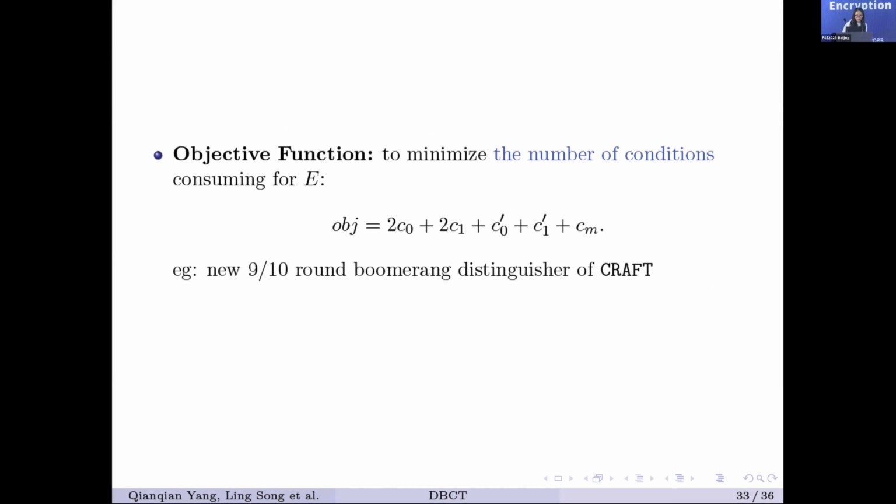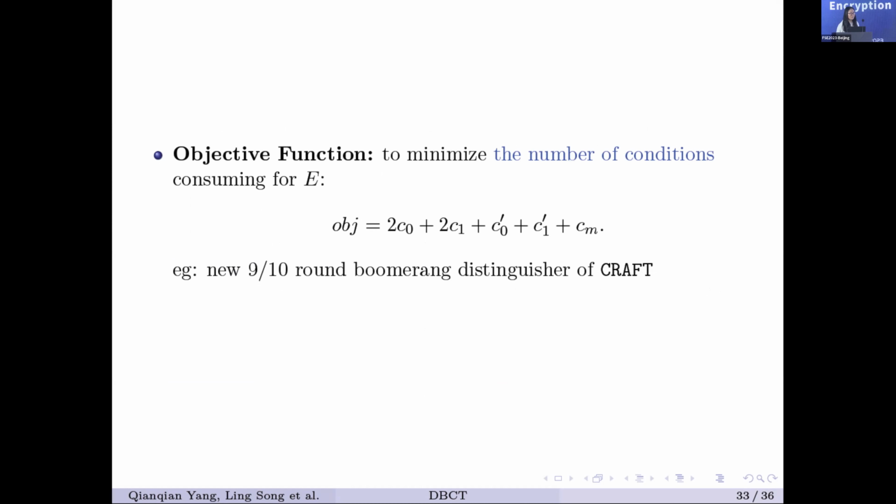We have tried applying the model to the distinguisher of more than 10 rounds, but we also didn't get good results. Okay, thank you very much.